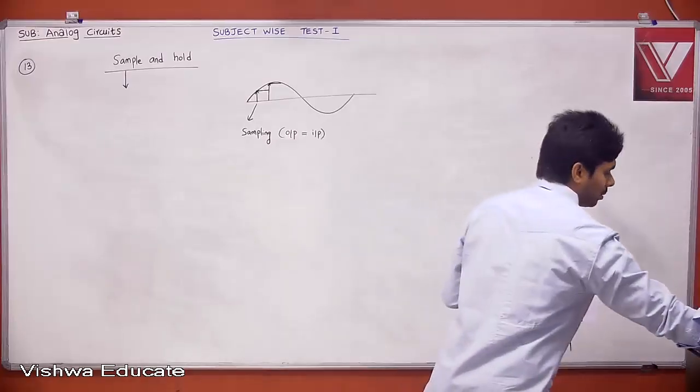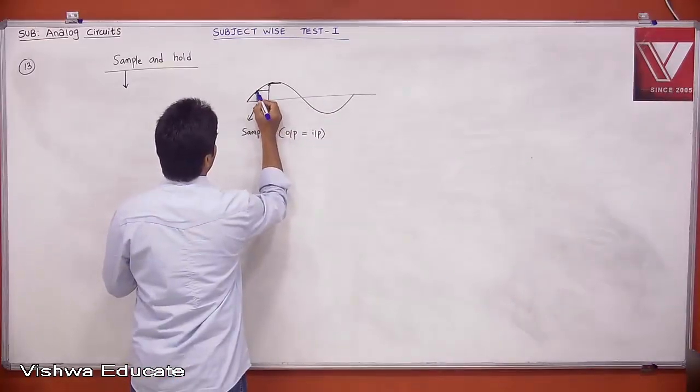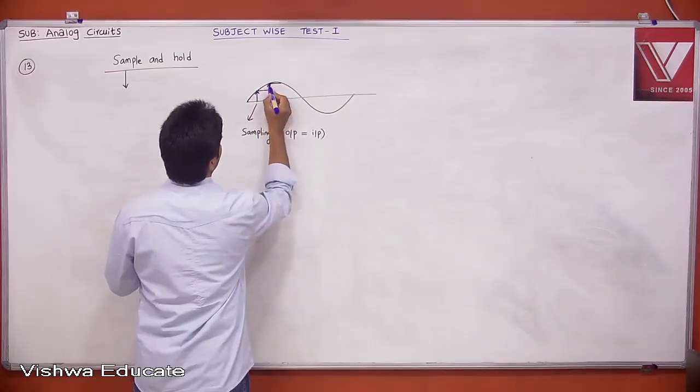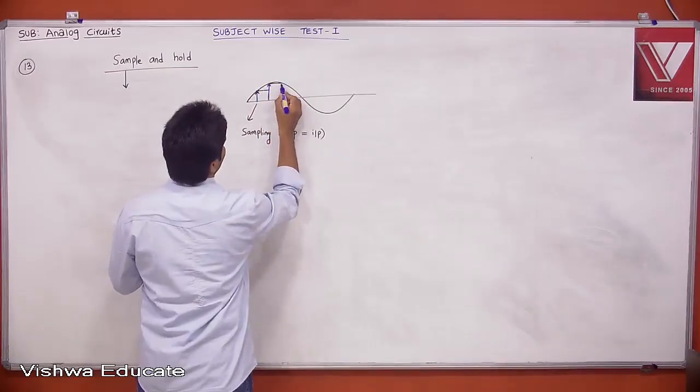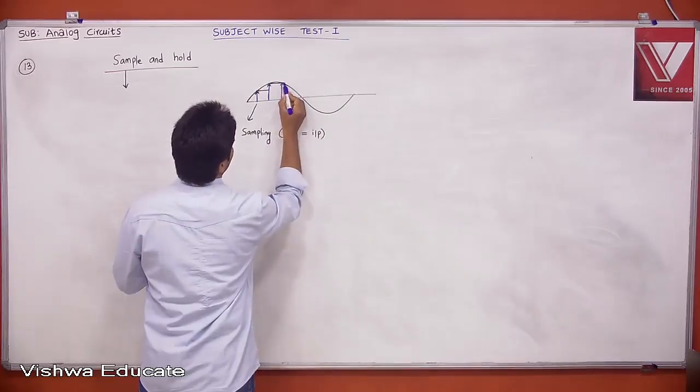The black one is nothing but your input. The blue one is whenever you sample, then that should be held. Again, whenever you sample, whatever input you have, that should be held.